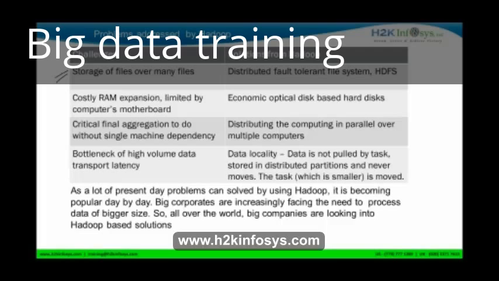So what Hadoop did was pretty smart. They didn't keep the data in one place. They distributed the data. They split the data into multiple bits, multiple packets. And they also made it fault tolerant by replicating the data, making sure that no bit was lost.